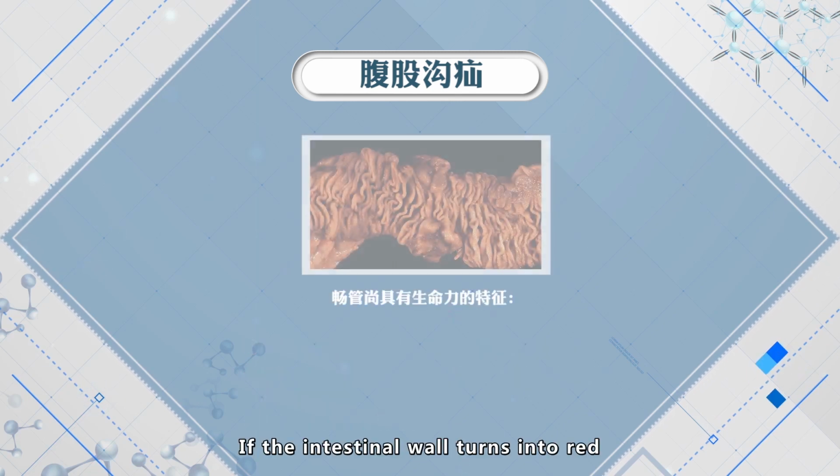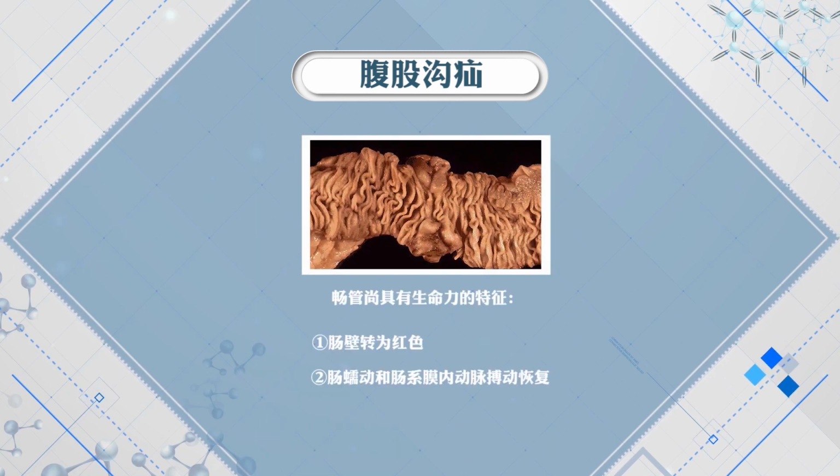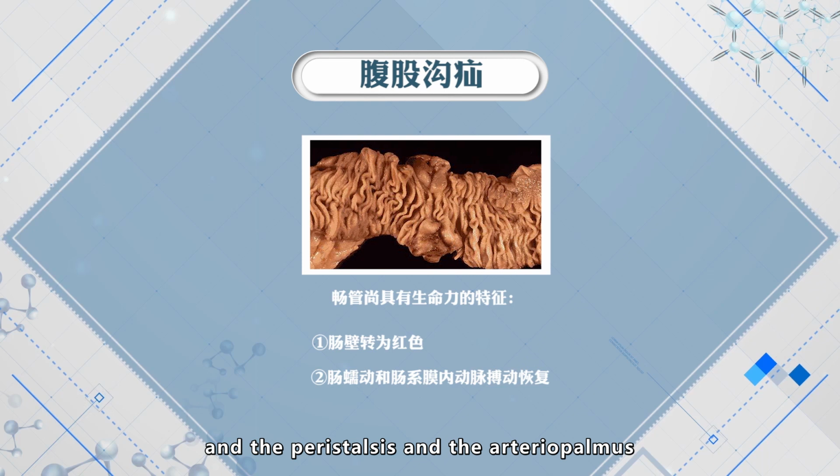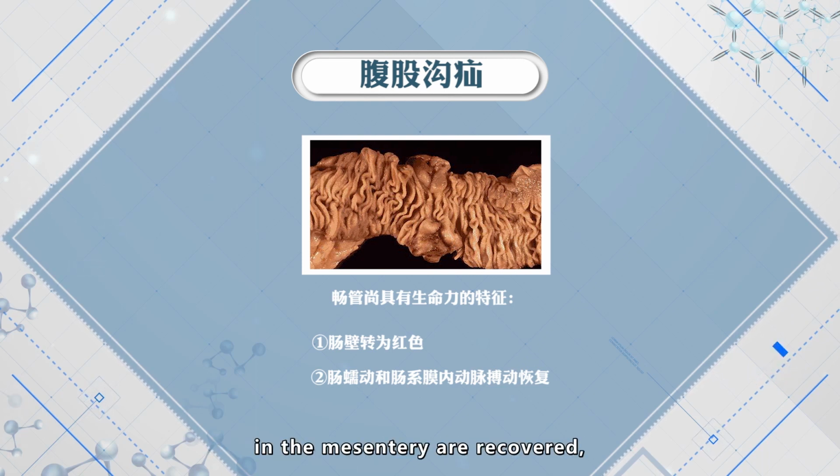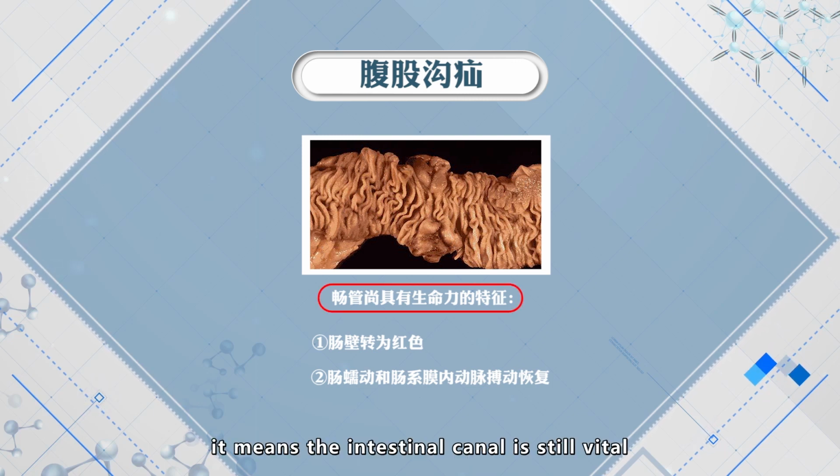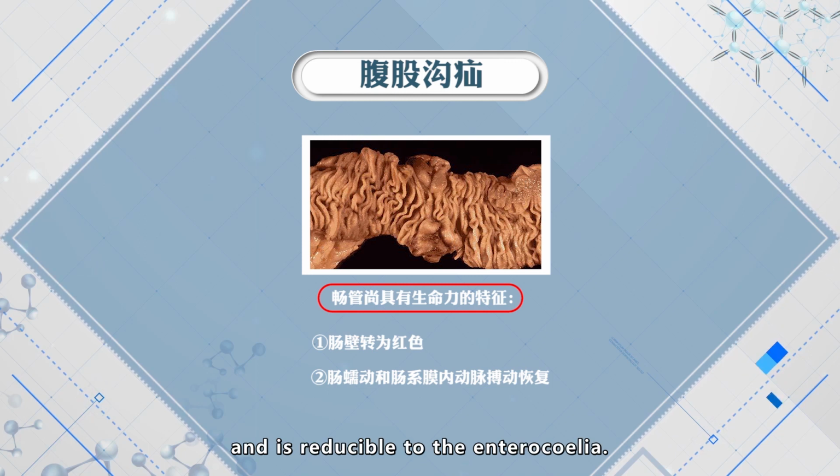If the intestinal wall turns red and the peristalsis and the arterial pulsation in the mesentery are recovered, it means the intestinal canal is still viable and is reducible to the abdominal cavity.